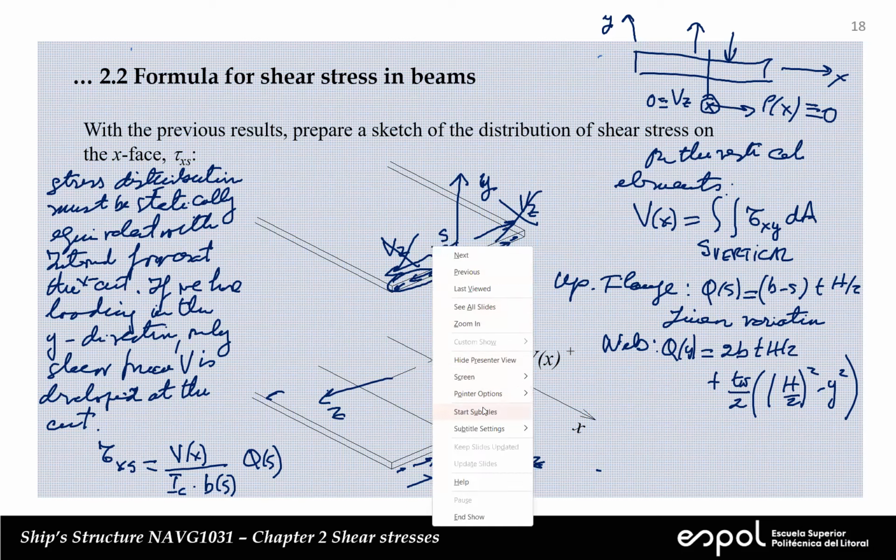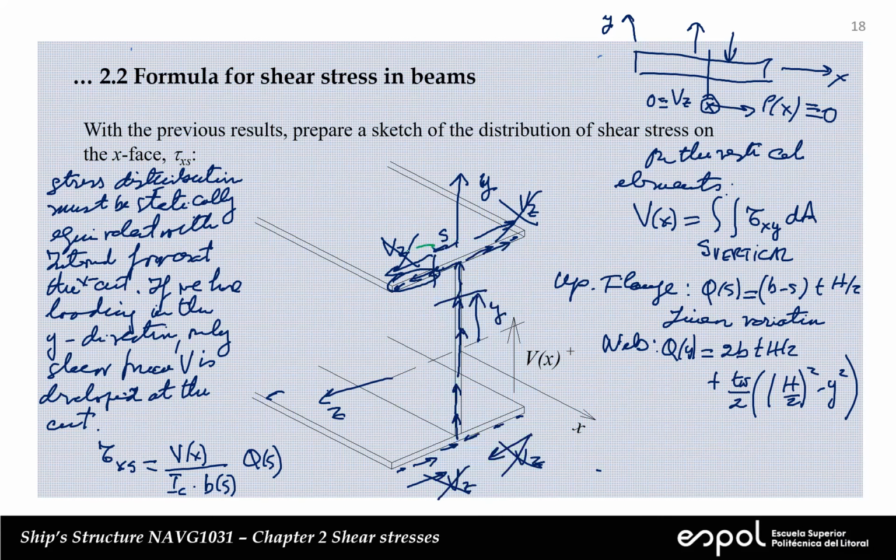On this flange, we see that we have a net force pointing to the left in the positive Z direction. But on the other side, we have something similar, but pointing in the opposite direction. Then we say this cancels that, and we have no net force from the flange in the upper flange.